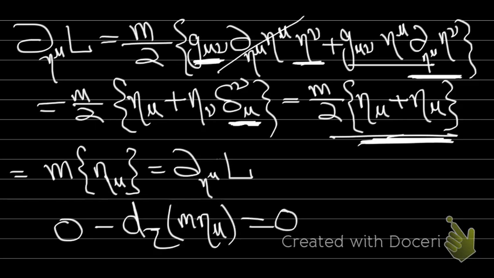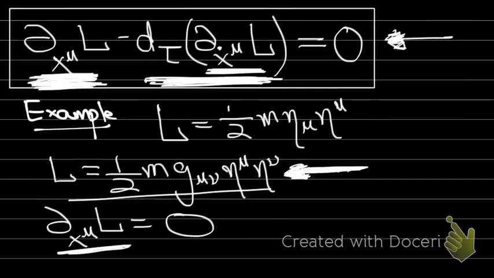So directly, the negative total proper time derivative of m times eta mu is equal to 0. And now if you find the solutions to this equation, they will describe the evolution of such a system whose Lagrangian is defined as this.